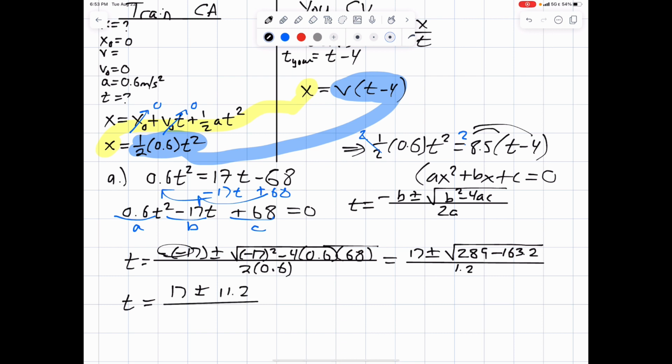Now you're going to have two possible answers here. One possible answer with the plus, the other with the minus. So let's go 17 plus 11.2 is 28.2 divided by 1.2, and we get t equals 23.5 seconds. That's one possible answer. And I will explain physically how these two answers are both actually possible.